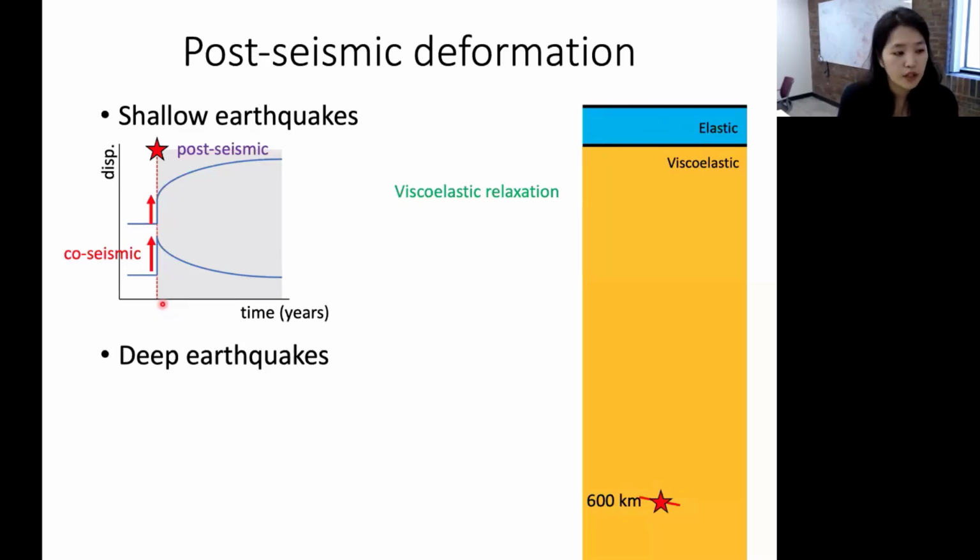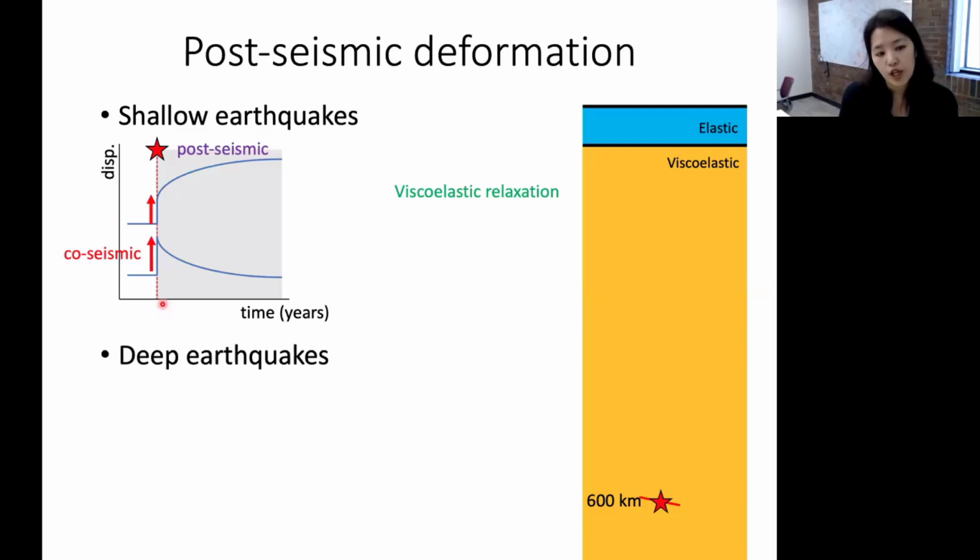These earthquakes are happening near the boundary of the upper and lower mantle, so you might be sensitive to the whole viscosity structure of the upper mantle and a bit of the lower mantle as well, which would be really valuable information to have.